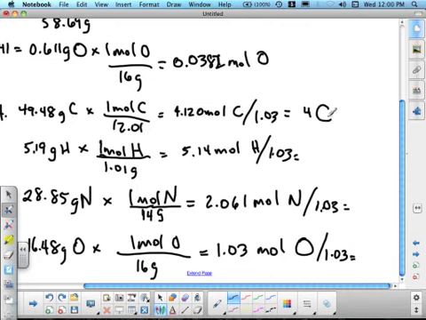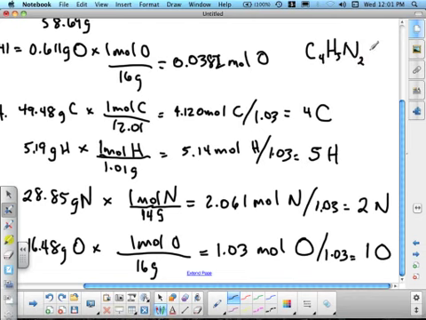Looks like 5 for hydrogen, 2 for nitrogen and 1 for oxygen. So my empirical formula is C4H5N2O. Now, it wants us to determine the molecular formula, but they gave us the molecular mass.